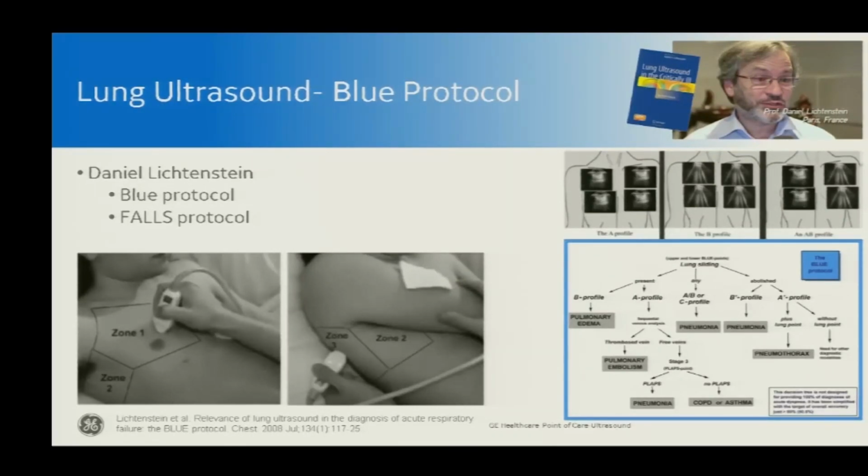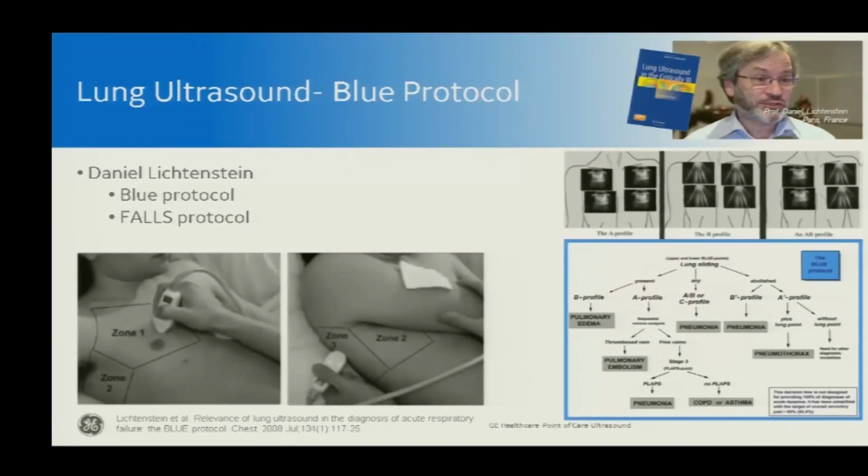The Blue protocol, as I mentioned earlier, looks at 3 zones on each side, which you can see in this example down below. And then it uses a decision tree, which looks very complex, but actually isn't, on the right side.